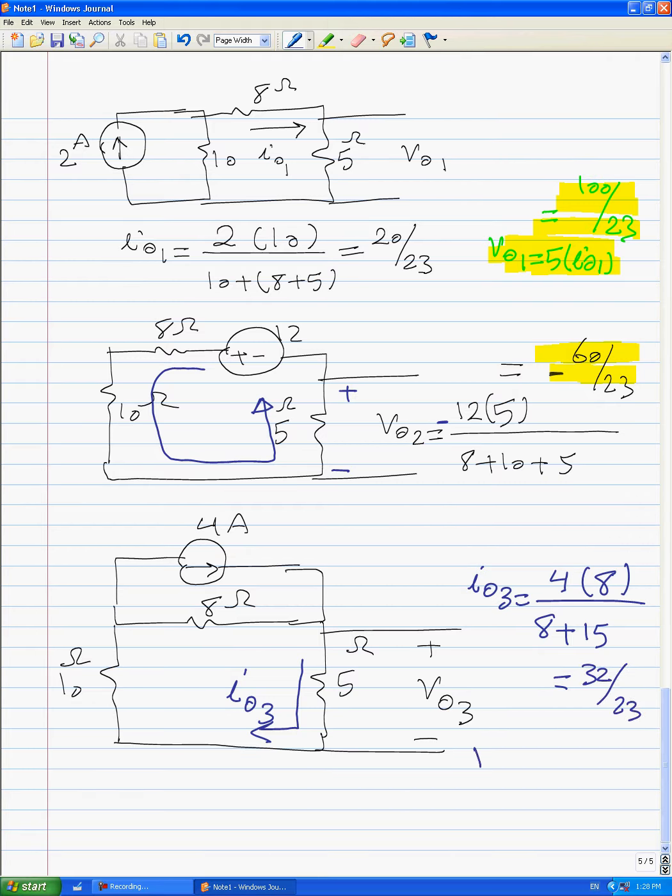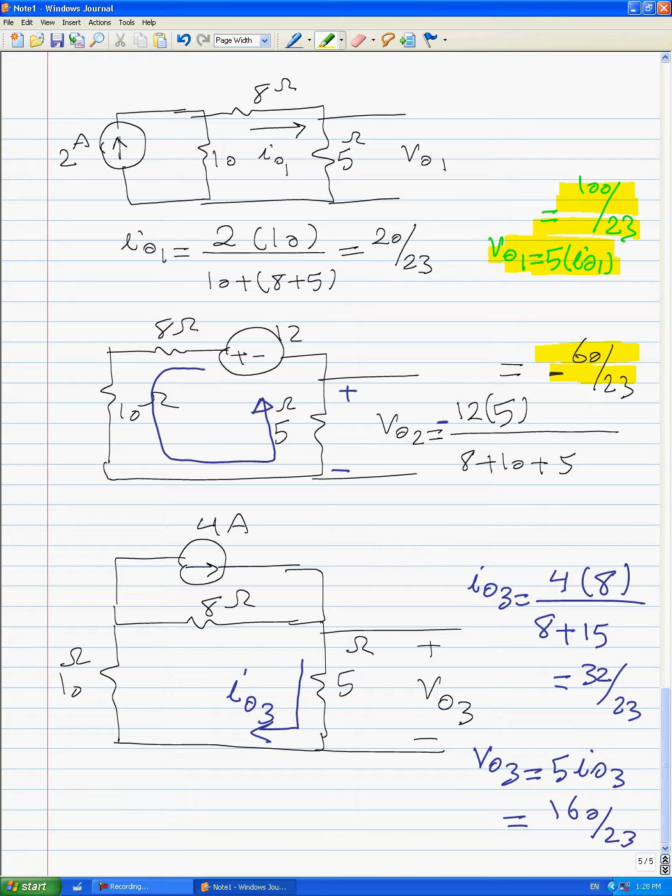And immediately you can find V O3 is equal to 5 times I O3, which is 160 over 23. This is the final answer for part 3.